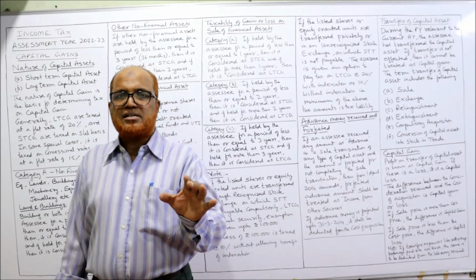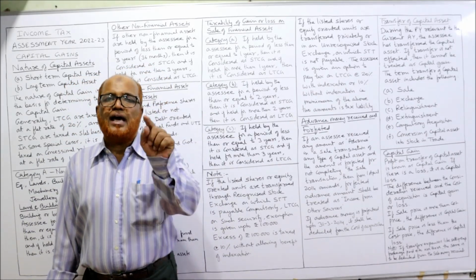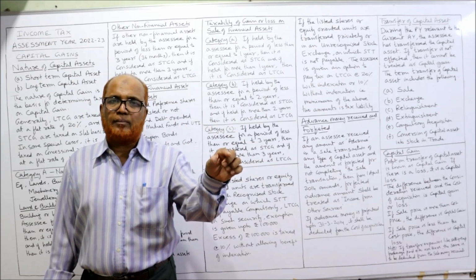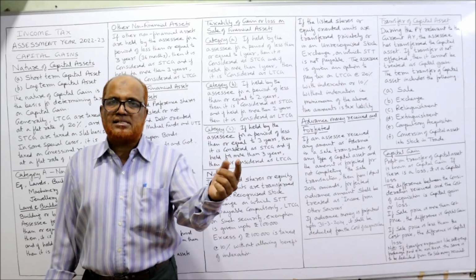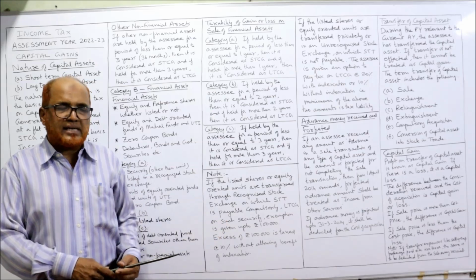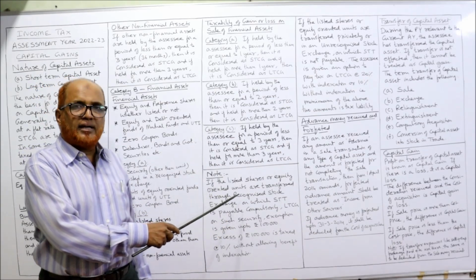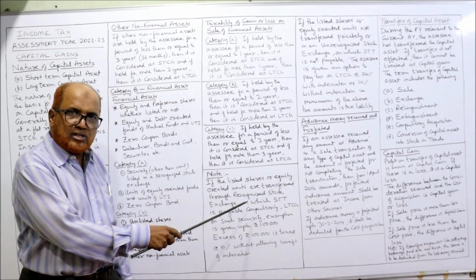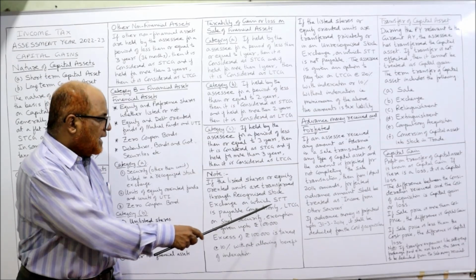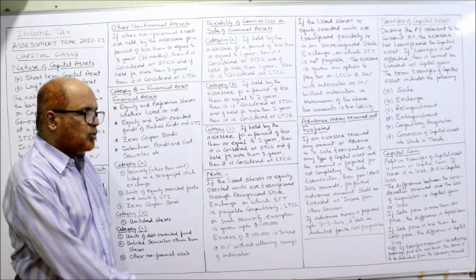So whenever shares are bought and sold at a recognized stock exchange, then STT will be applied. Security transaction tax has to be paid for purchasing and selling the security in the stock exchange. So here the Income Tax Act says, if the listed shares or equity oriented units are transferred through a recognized stock exchange on which STT is payable compulsorily, then LTCG in such security, exemption is given up to 1 lakh.